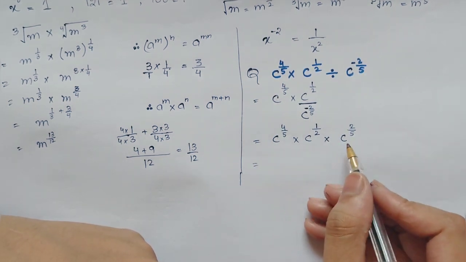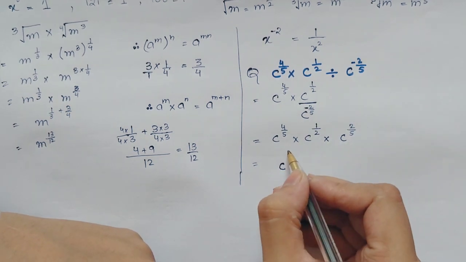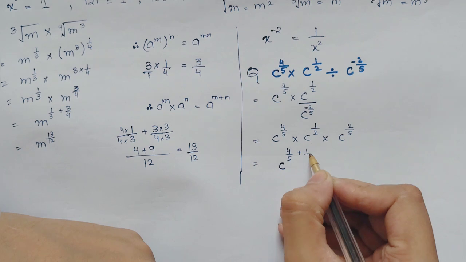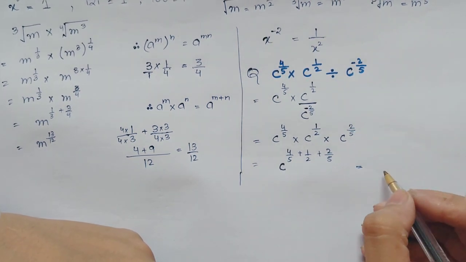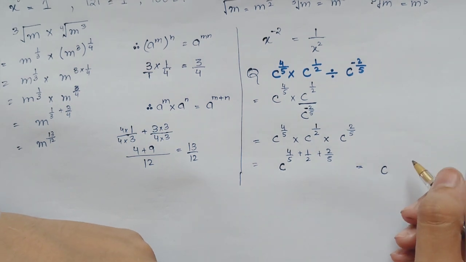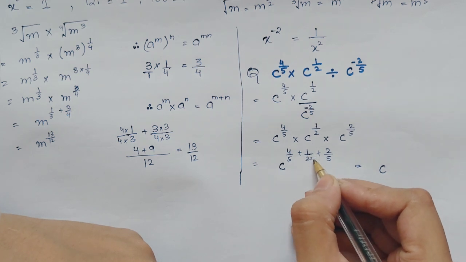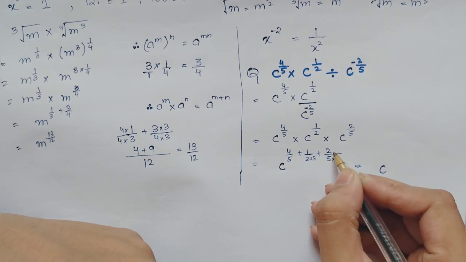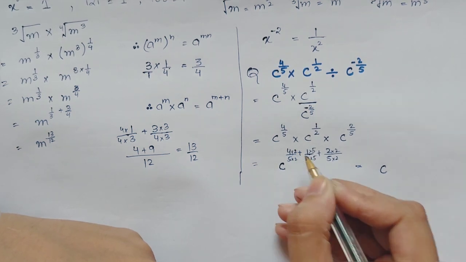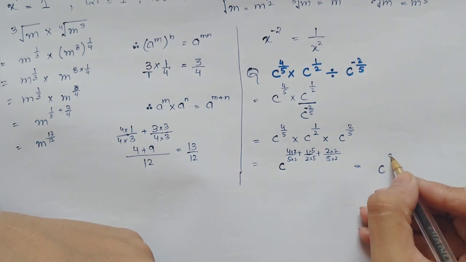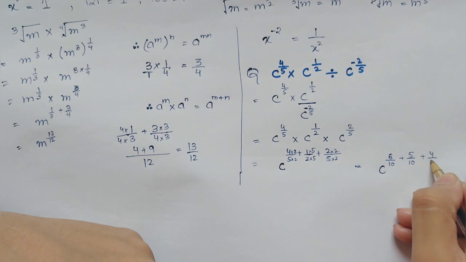Now we all know the bases are the same. When the base is the same, you write it once and add the powers: 4 by 5 plus 1 by 2 plus 2 by 5 is equal to c to the power. Now you have to make the denominators the same, so the common denominator is 10. It becomes 8 over 10 plus 5 over 10 plus 4 over 10.